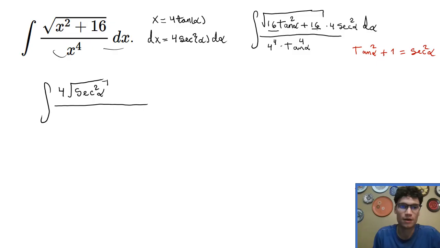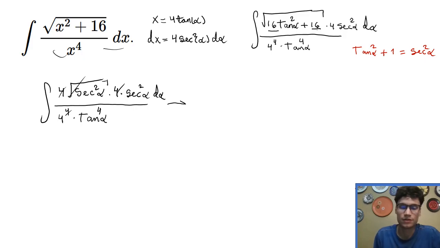The square root will be simplified in the next step, divided by 4 to the 4th power times tangent of alpha to the 4th power, times 4 times secant squared of alpha times d alpha. What are we going to do? We're going to simplify this 4 with this, and we eliminate the square root.